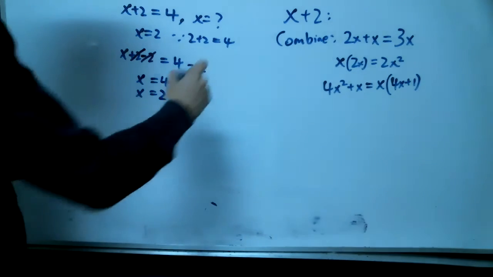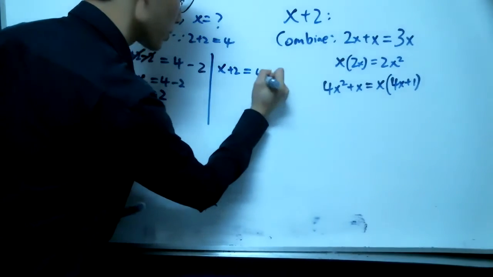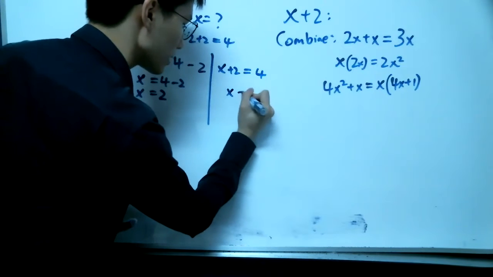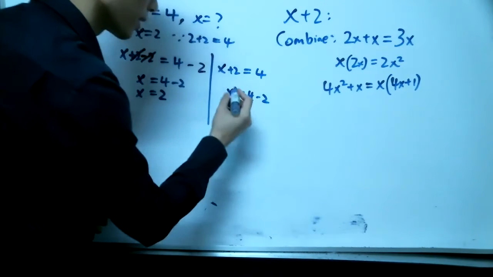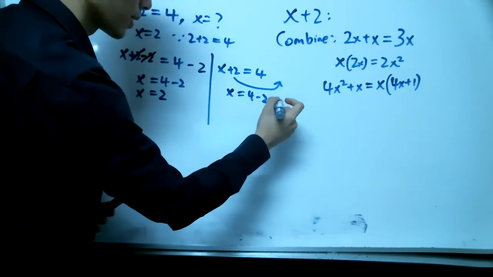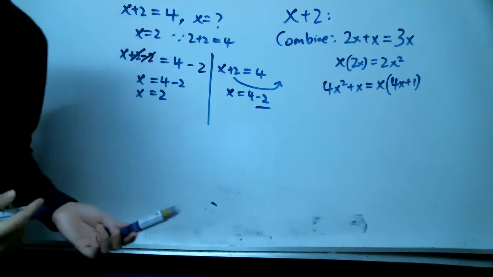Or if you put it in another way, when I go from x plus 2 to x equals 4 minus 2, this plus 2 has shifted over to the right side and became a minus 2.